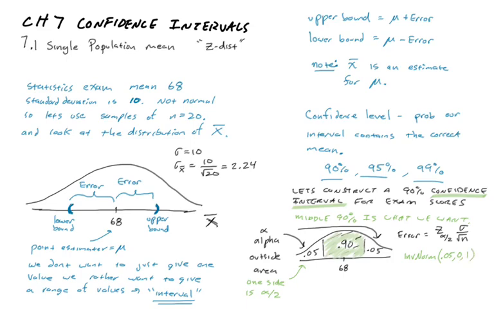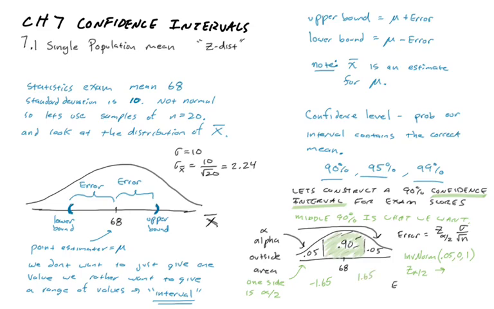We're always going to put 0, 1 when we talk about a standard normal, when we're talking about Z-scores. So in Z-scores, if we plug that into our calculator, our inverse norm, it's negative 1.65.